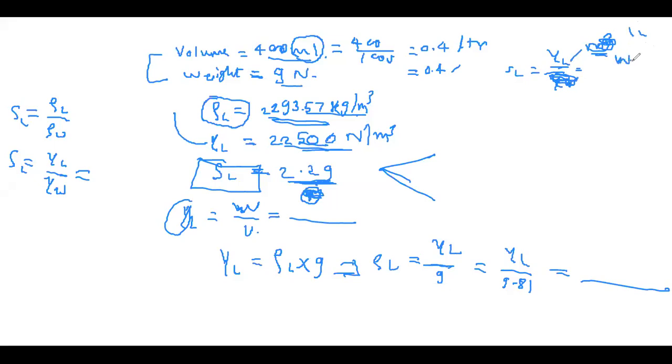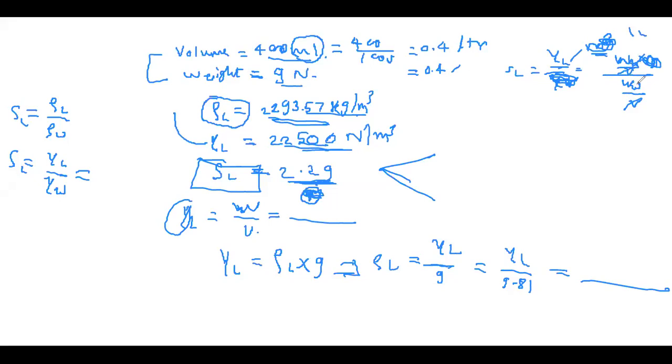Gamma L is equal to WL into g upon volume, and here WW, that is weight of water upon volume of water. If we consider unit volume, this volume will get cancelled in both, but the weight will be different.